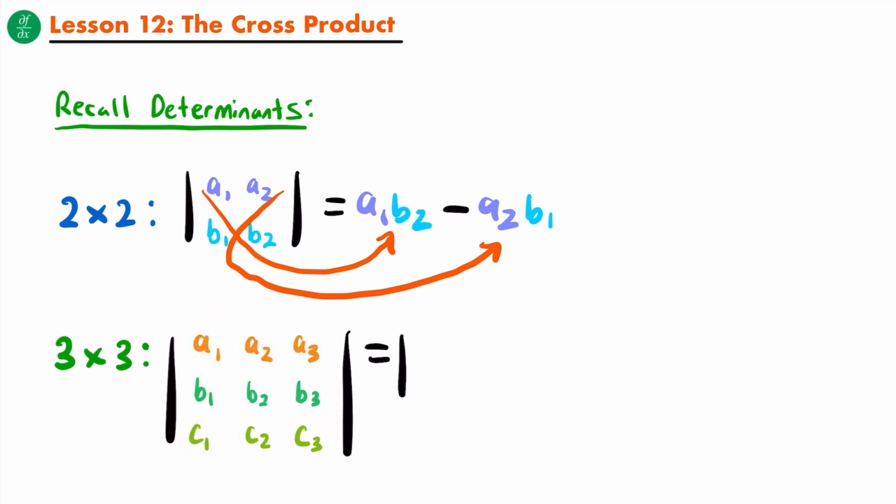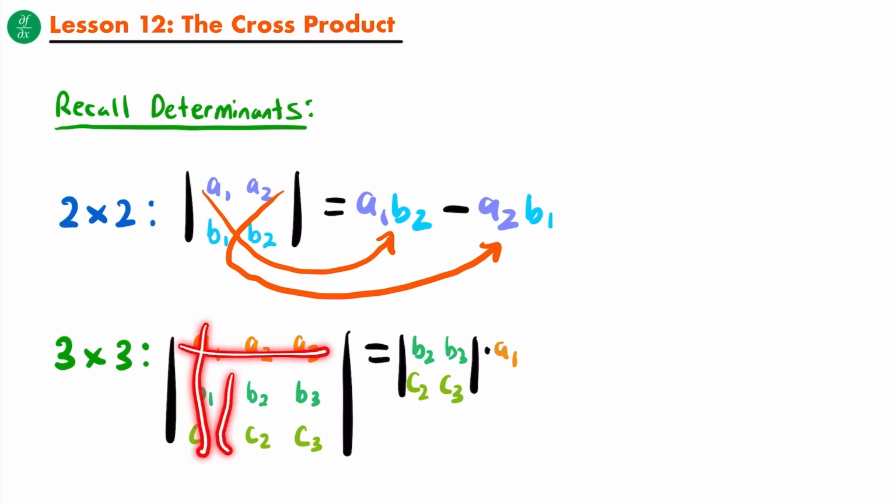We're going to have a 2x2 determinant using B2, B3, and then C2, C3, and we're multiplying that determinant by A1. Okay, so we're looking at A1 in our first row here, and we're covering up the row and the column that value is located in, and then using the remaining four values to create this determinant or matrix that we then calculate the determinant of and multiply by A1.